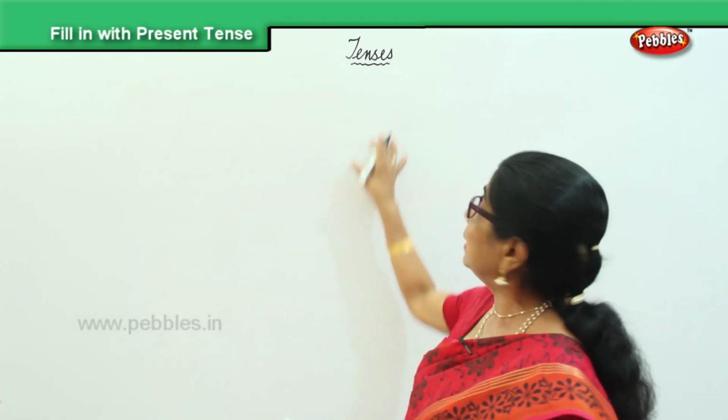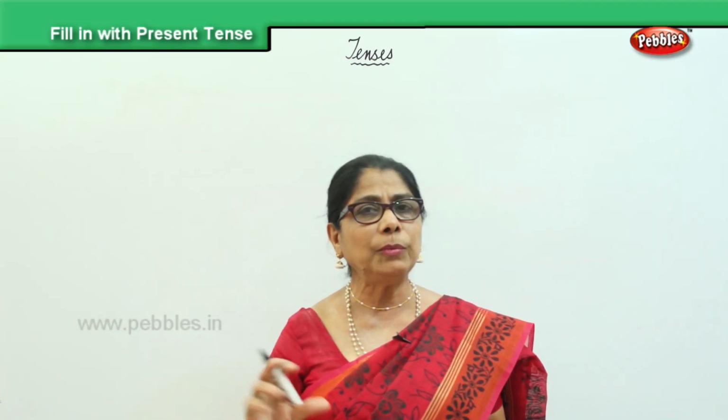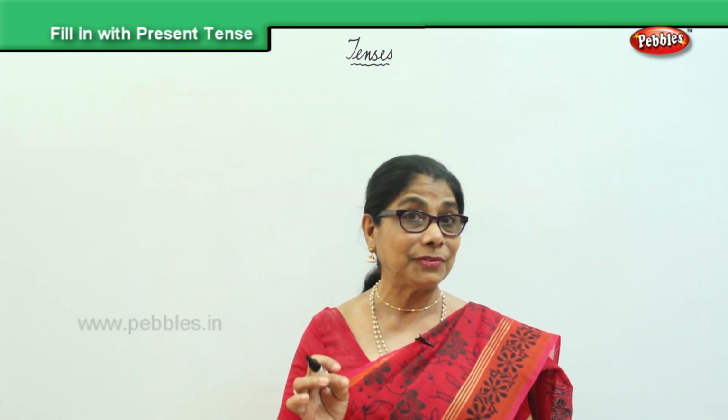We have done the tenses, different forms. Now we will do an exercise to remember and practice the tenses. So we're going to do a small exercise. Fill in the blanks with the correct present tense form.